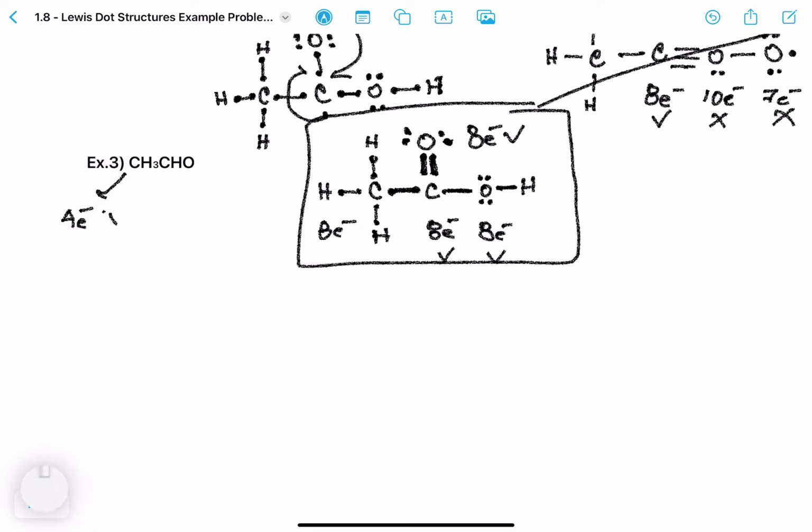And then I have 3 hydrogens, each with 1, another carbon, so that's 4 electrons, a hydrogen, that's 1, and then oxygen, 6. So if we do the math, we got 6 and 4 is 10, then you have 3 and 1 hydrogen, so that's 14 plus another 4, that's 18 total.